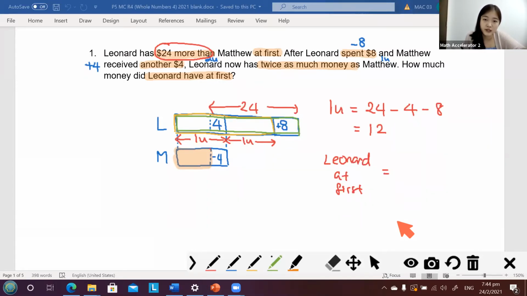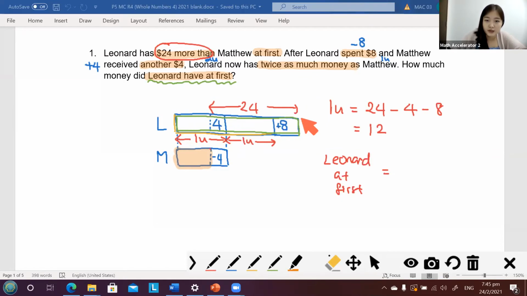Yellow does not include 8. Green includes the 8. Leonard at first, huh? It has to be green, not yellow.